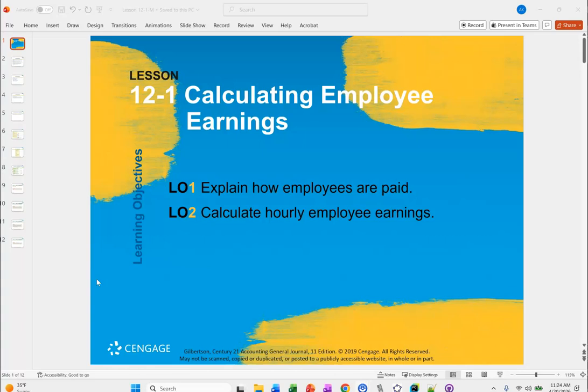The idea here, remember, in this overarching unit in this semester, we've been talking about running a corporation as opposed to a proprietorship, a small single-owner business. In chapters 12 and 13, we're going to be talking about topics concerning paying your employees.